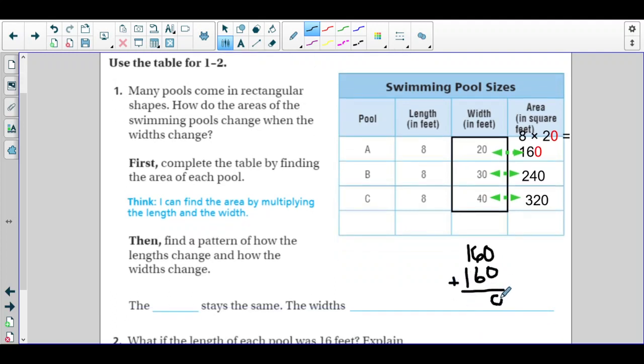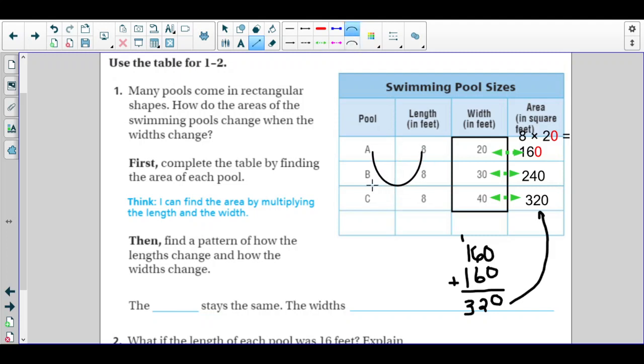So when we add this up, we get this number right here. So when we doubled from right here to right here, from 20 to 40, we also doubled the area.